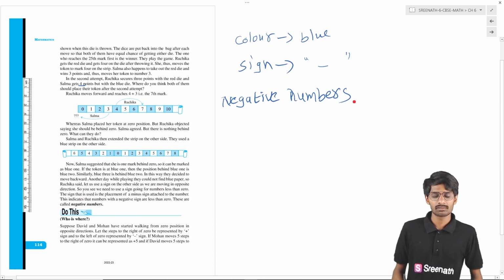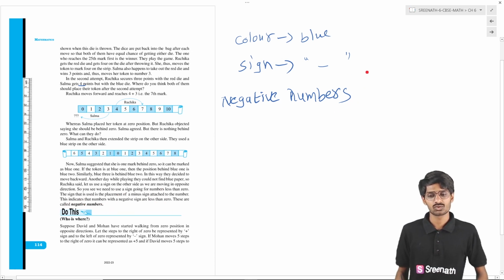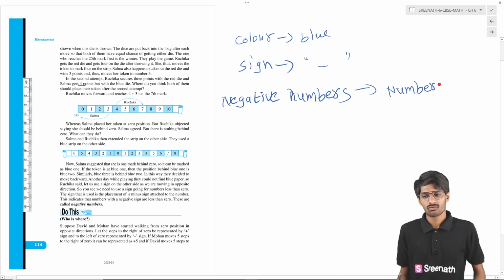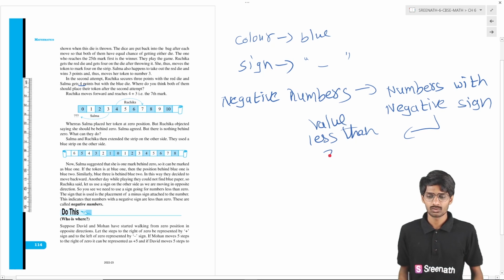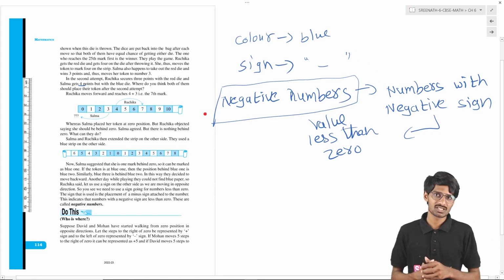So negative numbers are numbers with a minus sign or negative sign, and whose value is less than 0. So in this way we have come across the negative numbers, students.